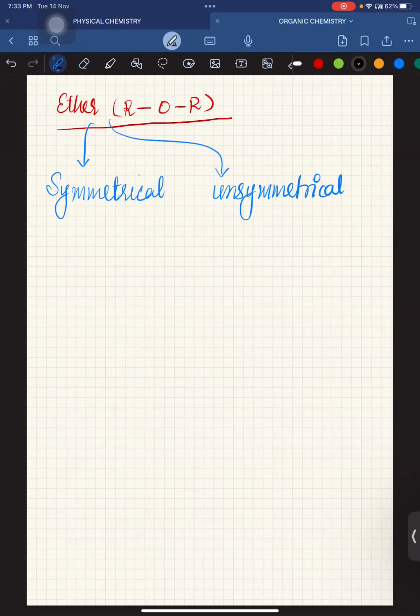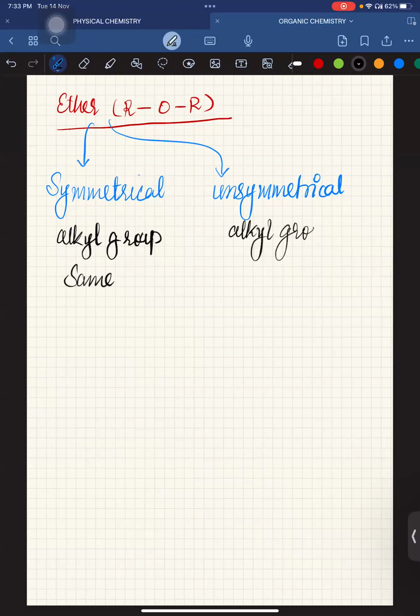Basically, both alkyl groups are the same. If the alkyl group is the same, then it is symmetrical. If the alkyl groups are different, then it is unsymmetrical.